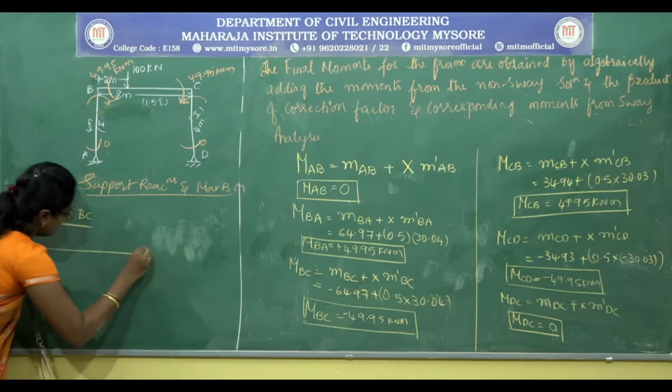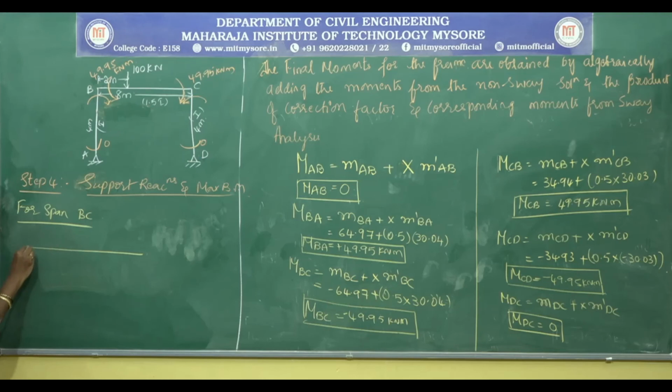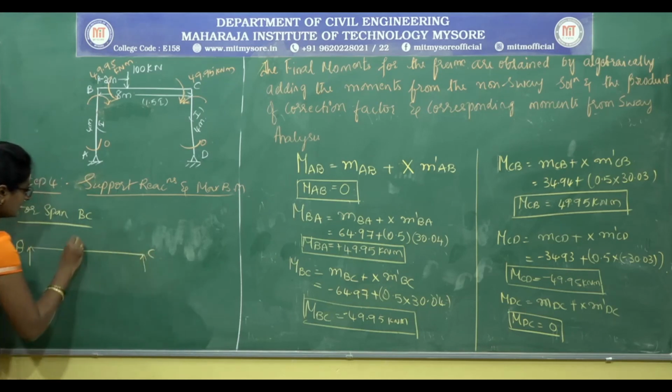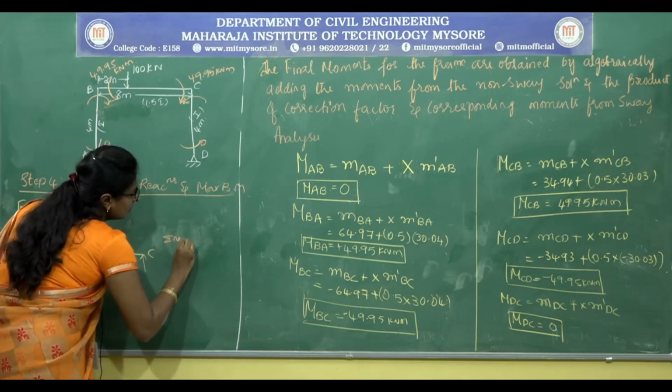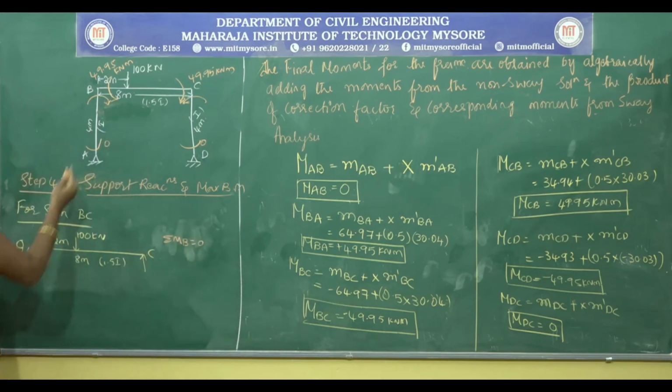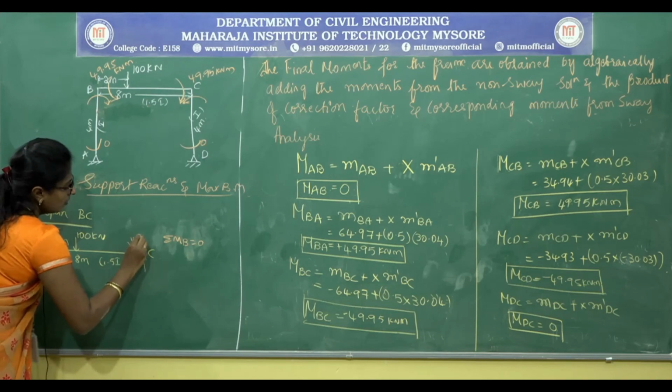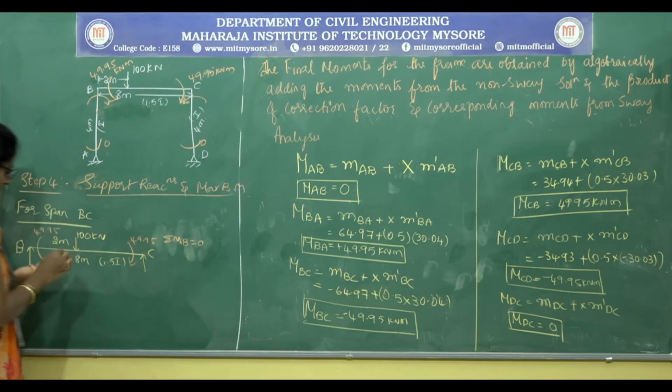Consider the span BC. The load is 100 kilonewton at 2 meters, and the overall length is 5 meters, with 1.5 I. For this, the sum of all the moments at B equals 0. The moments acting are 49.95 and here also 49.95.